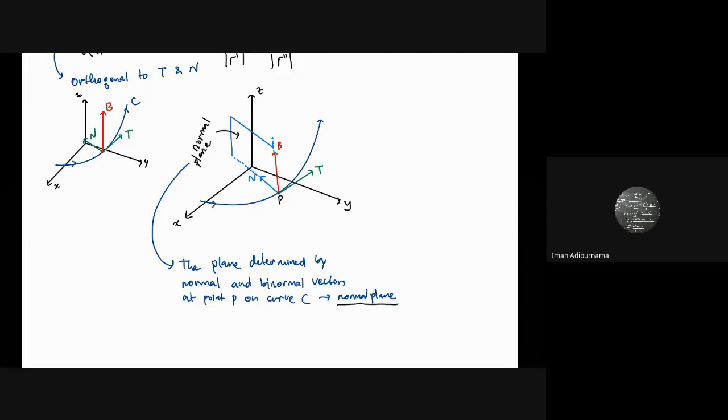Okay, that's the first one. The other plane is determined by N and T. Let me write in a different color, green.